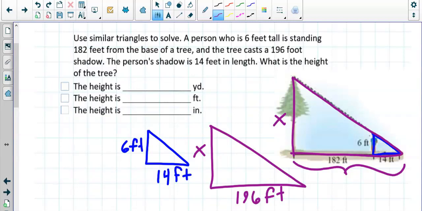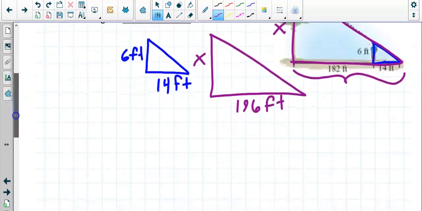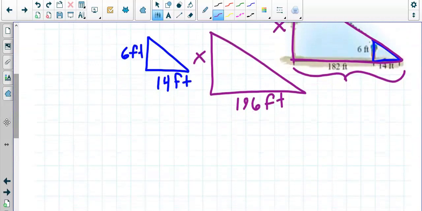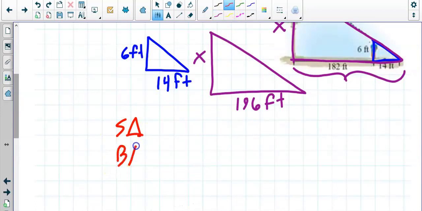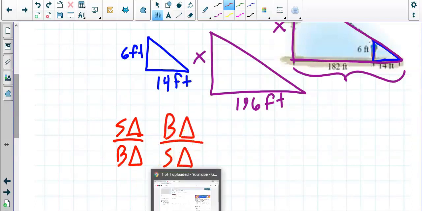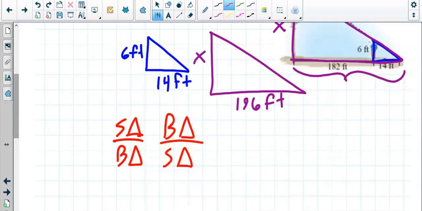So from here, again, similar triangles, and these triangles are similar, is all about making a proportion. You can either go from the small triangle to the big triangle, or you can go from the big triangle to the small triangle. It's your choice. I'm going to go from the small one, my blue one, to my big one, which is my purple.